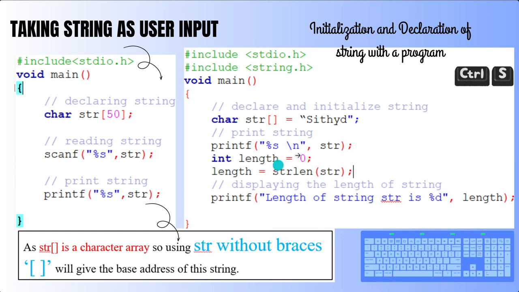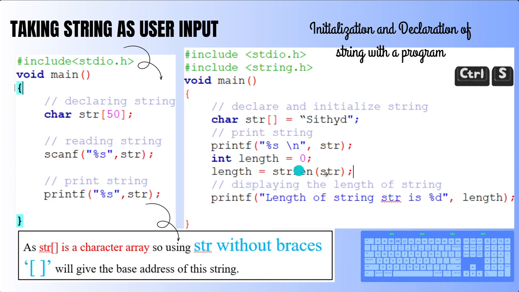Then we have taken a variable length, and length equals strlen of str. We have calculated the length of the string. So what is the length of the string? 1, 2, 3, 4, 5, 6. 6 is the length of the string, but the indexing will start from 0. We need to make sure of that. So this is the length. This will display 6 when we are printing it.